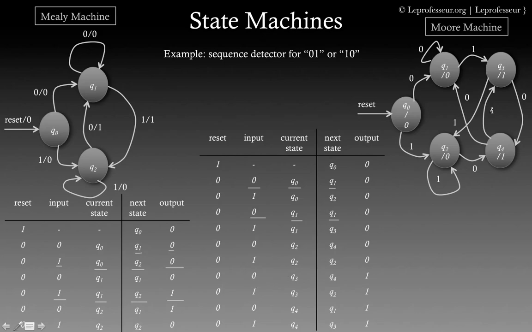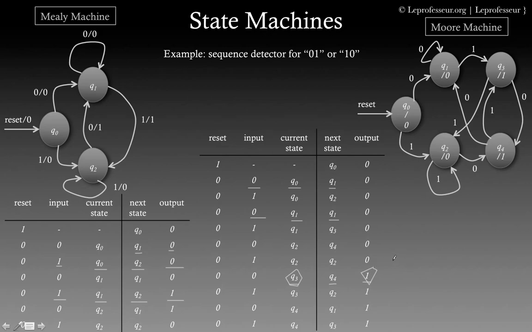Say we are in the Q3 state, and in this state we output 1, and if we receive 0 we move on to the next state Q4. So you see here we need a state to produce an output.